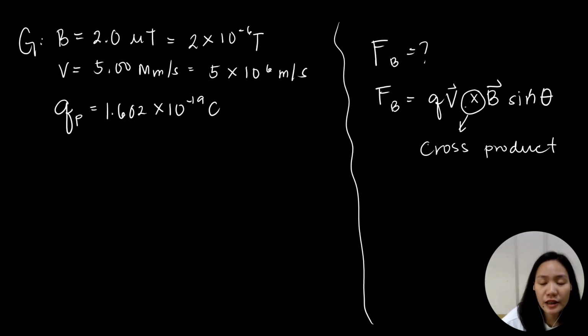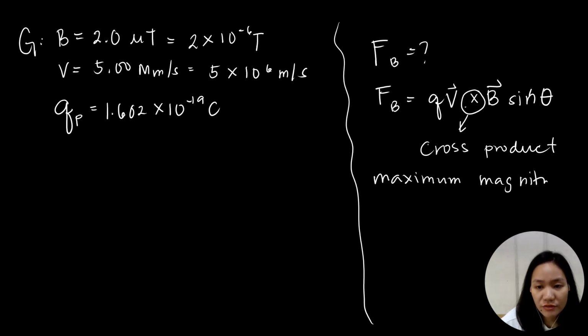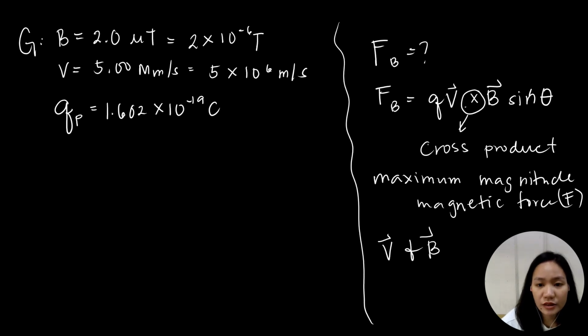Cross product indicates that we could only get the maximum magnitude of the magnetic force, F, if the vectors V and B, velocity and magnetic field, are perpendicular to each other.